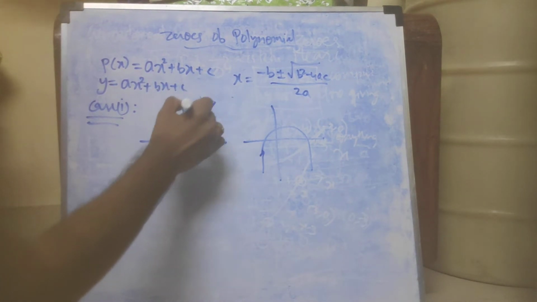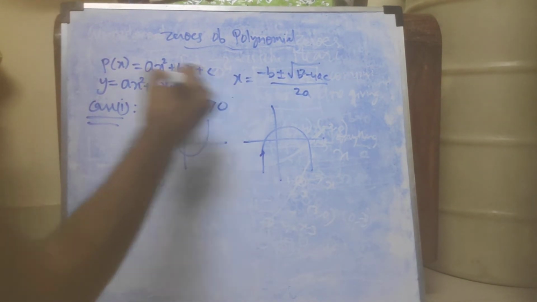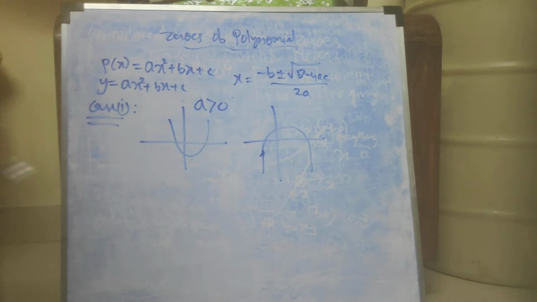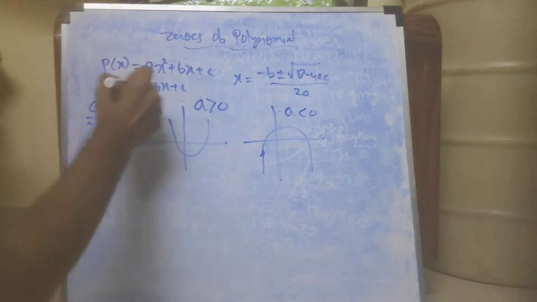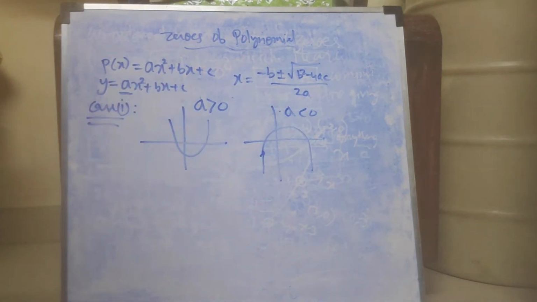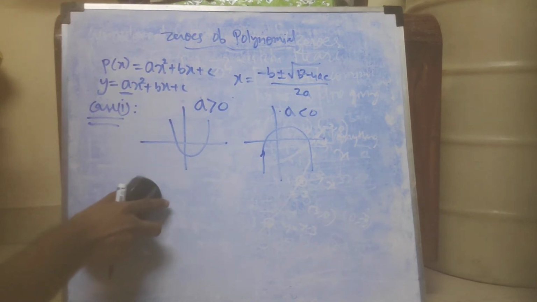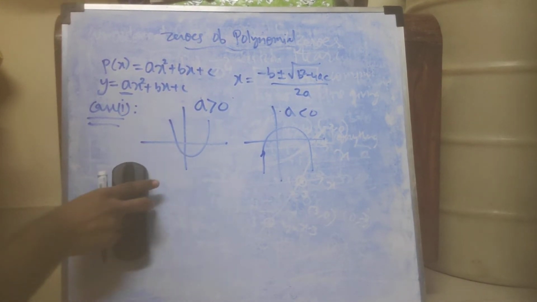It will be an upper parabola when a is greater than 0, and a downward parabola when a is less than 0. This a is a constant.